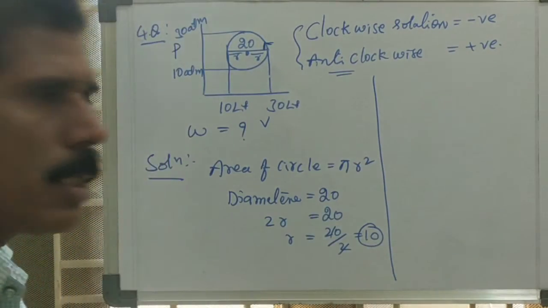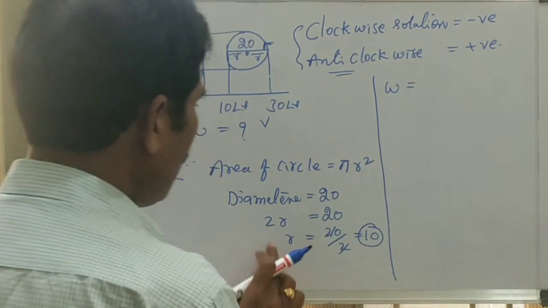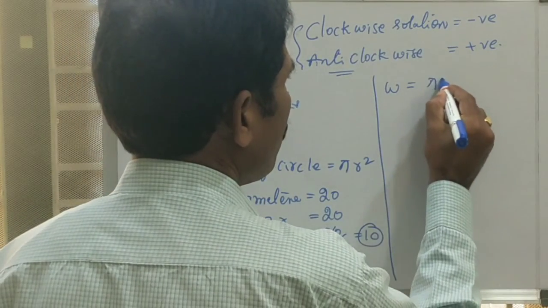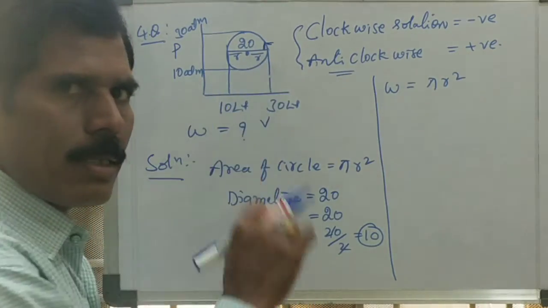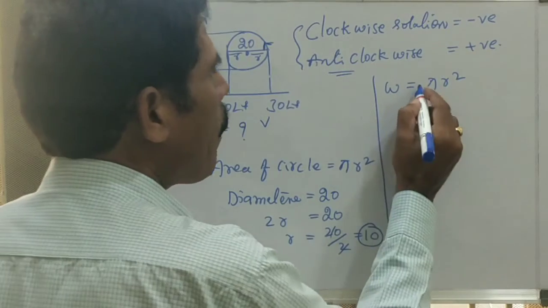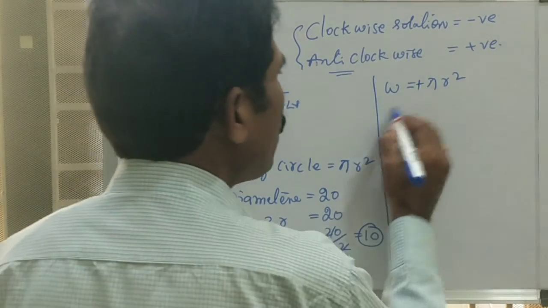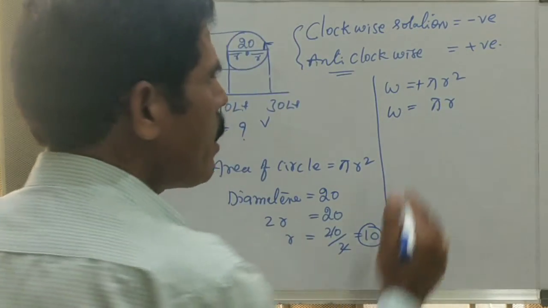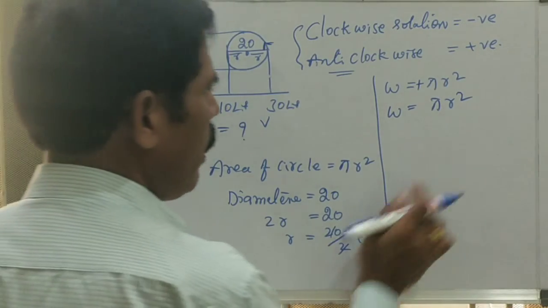So W is equal to pi r square. This is anti-clockwise rotation, so it should be plus, but no need to write plus. So W is equal to pi r square. R value how much they have given? 10.